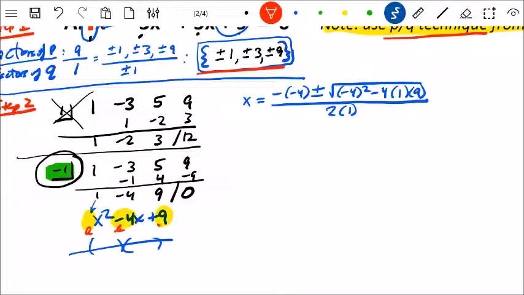A, B, and C. And so I put B in there, and A in these 2 spots, and C in that spot. So make sure you know the quadratic formula, because sometimes you're going to have to use it.